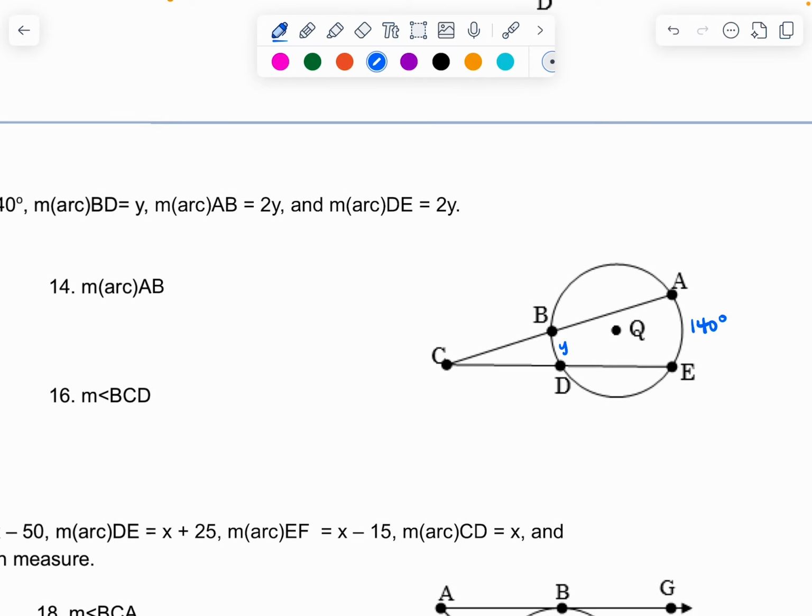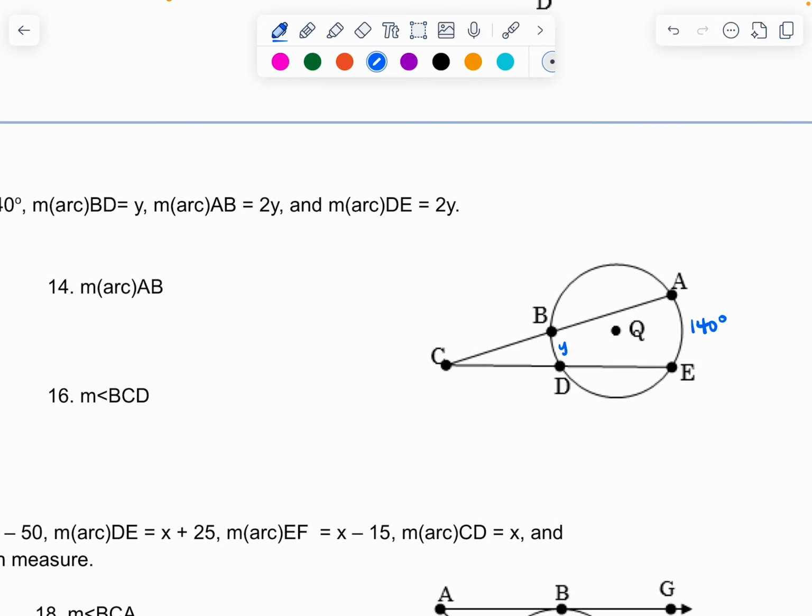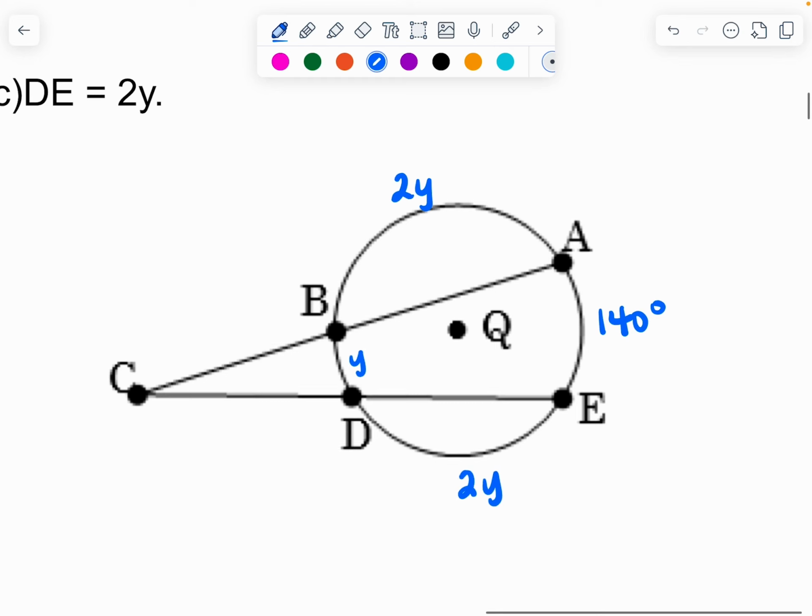And arc AB is 2y. And arc DE is also 2y. Okay, cool. Please notice that all of these answers are going to look very incorrect because this is clearly much smaller than a 140-degree arc, but that's okay.